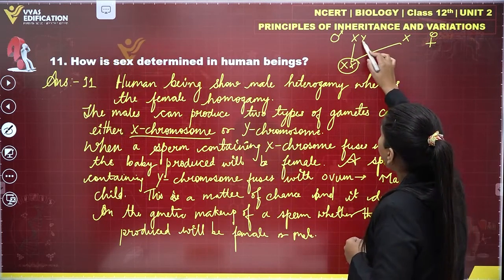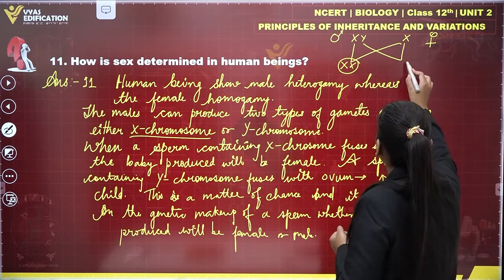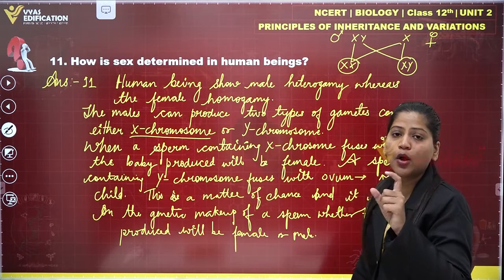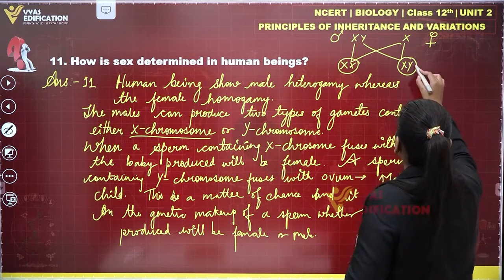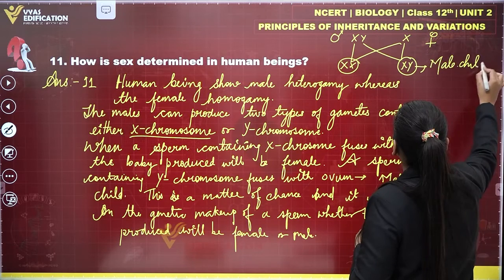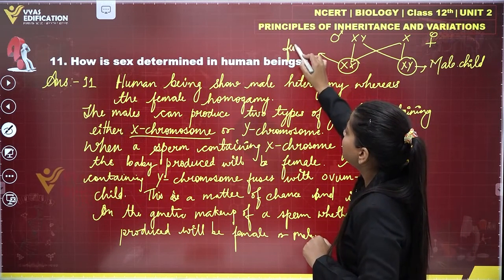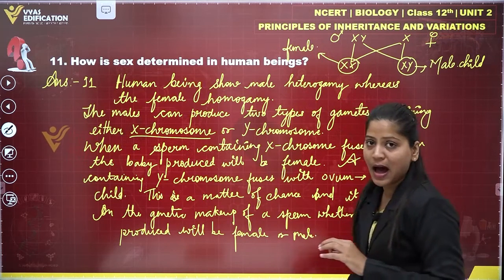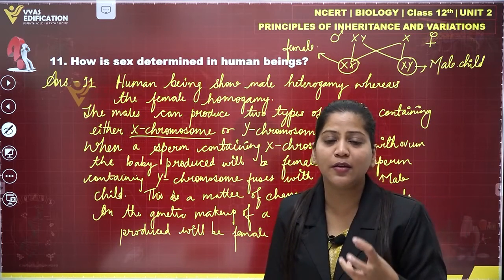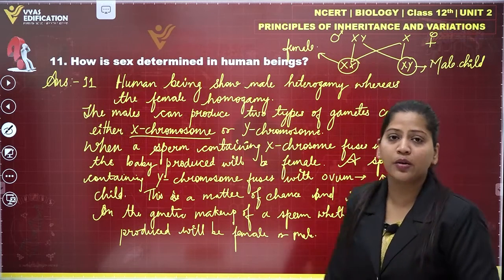If the Y chromosome fuses with the X chromosome of an ovum, then the zygote will contain X and Y chromosome, and when converted into a new individual, it will form a male child. Whereas the XX zygote will form a female child. So this is how sex is determined in human beings, and it depends on the genetic makeup of a sperm. So this is the complete solution of question number 11.